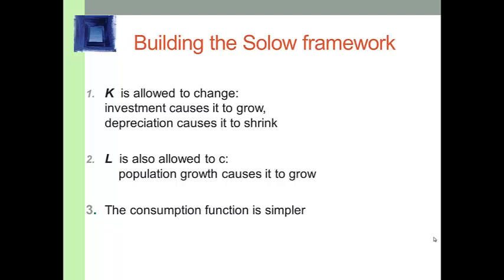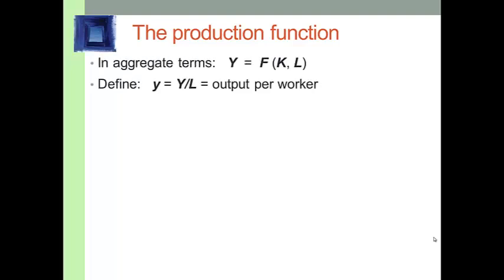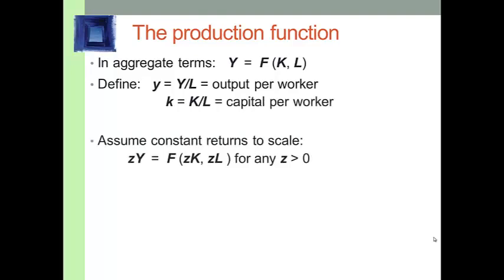So that's the consumption function that we're going to work with in the Solow framework. Let's move on to the production function. This slide shows the aggregate Solow production function, which we simply express in per worker terms.